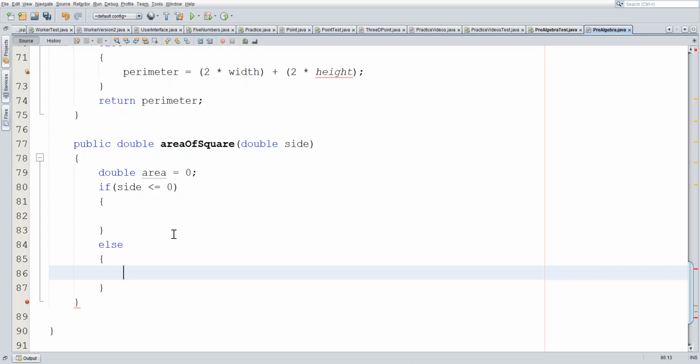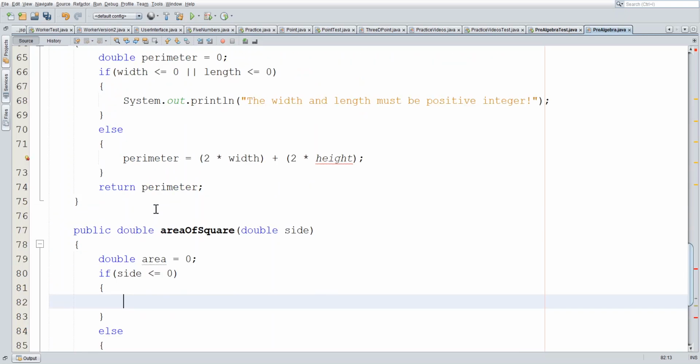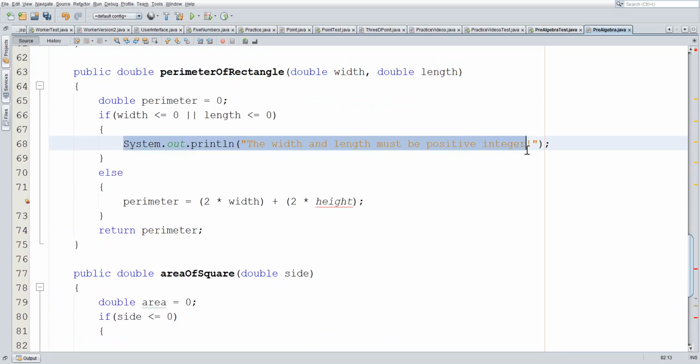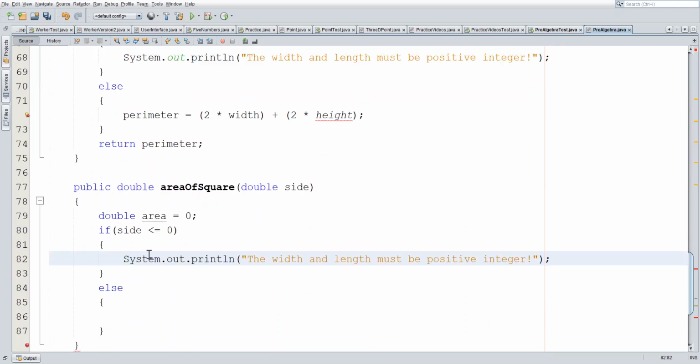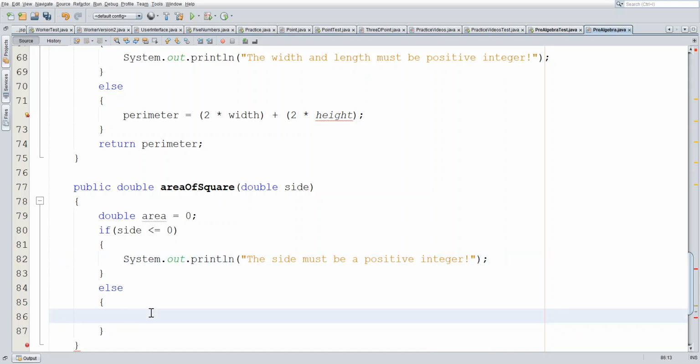So if side is less than or equal to 0, I think I'm just going to steal this print statement and modify it how I need it. So instead of the width and length, it should just be the side, right? The side must be a positive integer. Else, area is equal to, let me move my cursor out of the way, sorry.